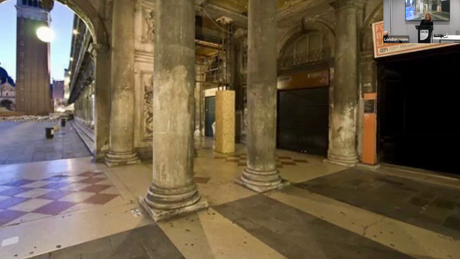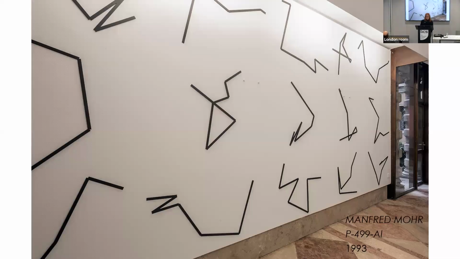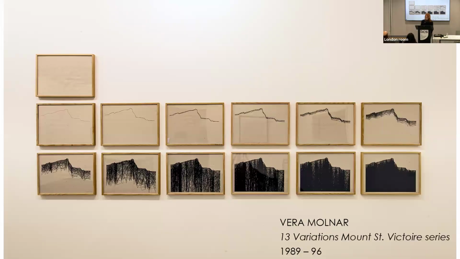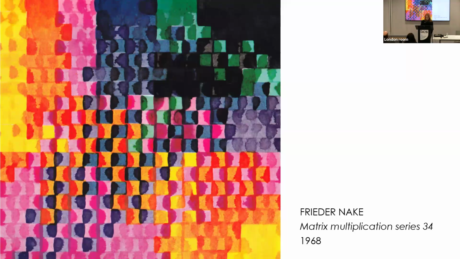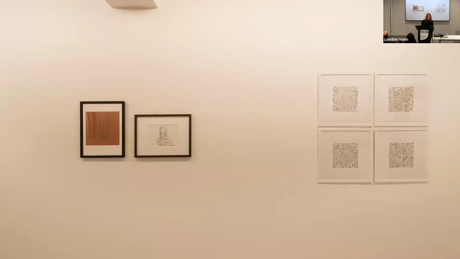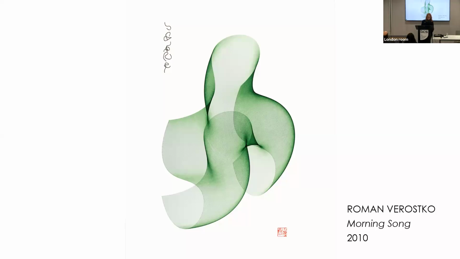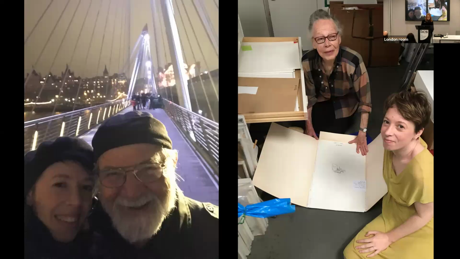And with this exhibition, I explored the history of generative art by showcasing the work of 5 pioneering artists: Manfred Mohr here in this picture, and Vera Molnar, Frieder Nake, Roman Verostko, and Ernest Edmonds, whom I'm going to tell more about later.